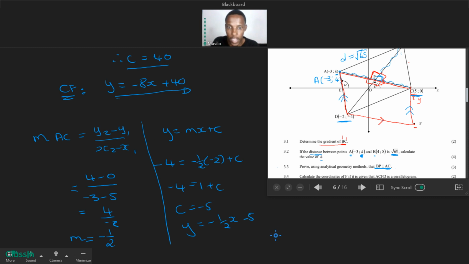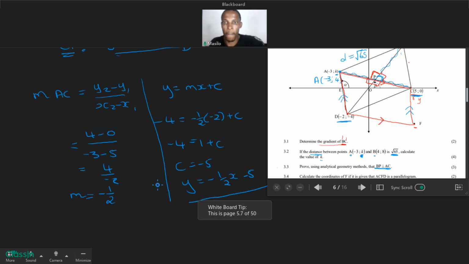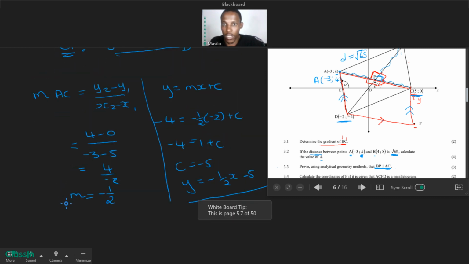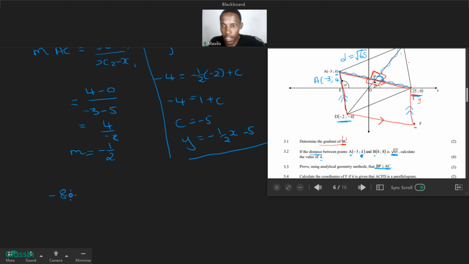So now we take this equation also, we equate it to that. So the first one says negative 8x plus 40 equals negative 1 over 2 x minus 5.